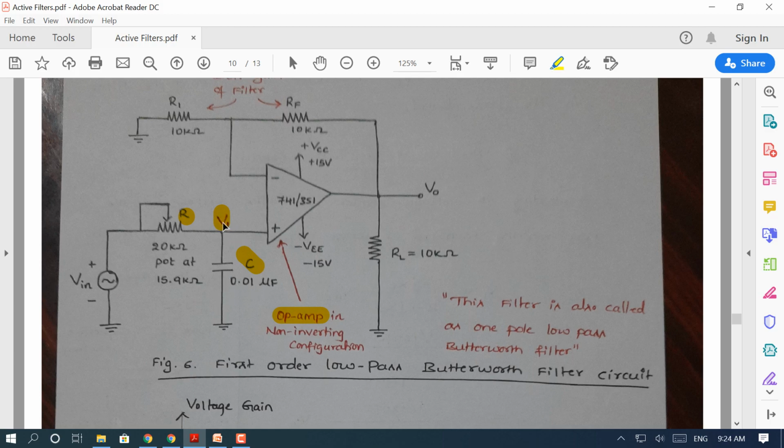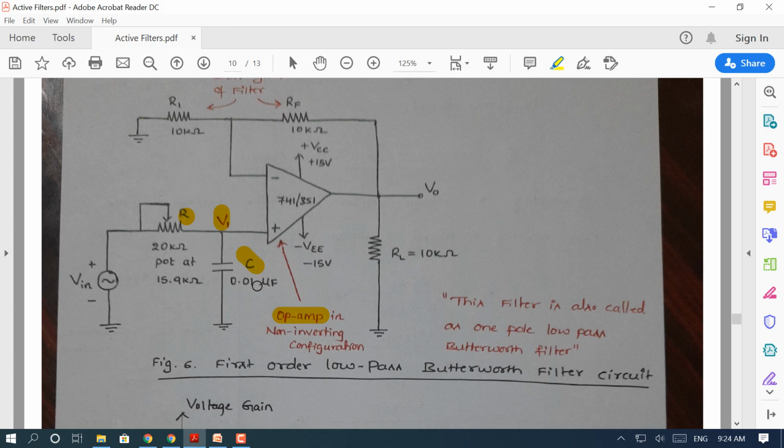V1 is nothing but the voltage at the non-inverting terminal. Voltage at the non-inverting terminal can be determined by applying the voltage division rule here. So, V1 equals minus jXc, where Xc is the impedance of this capacitance, divided by R minus jXc.